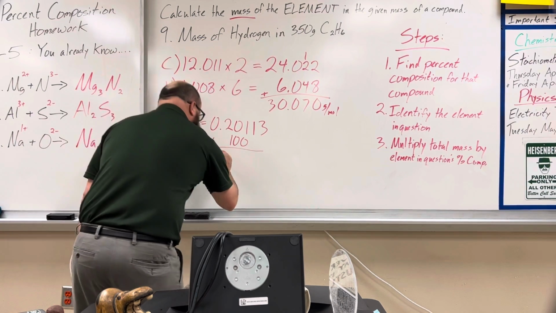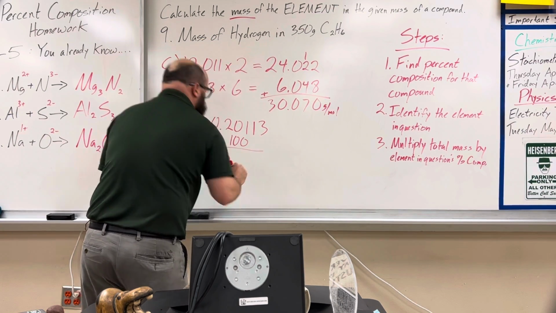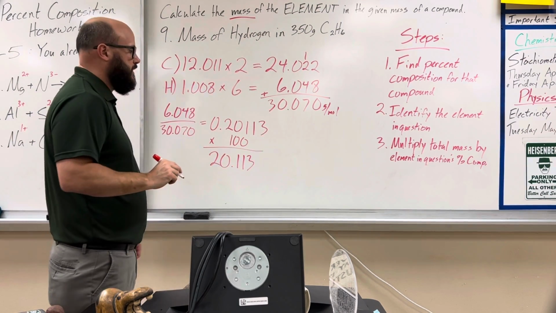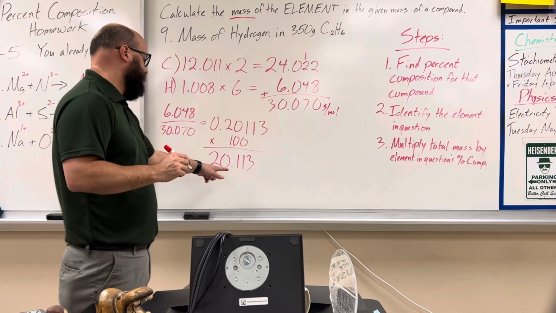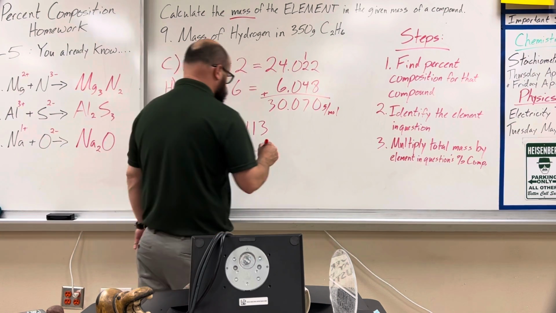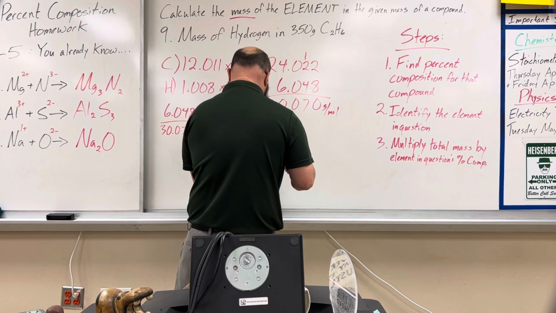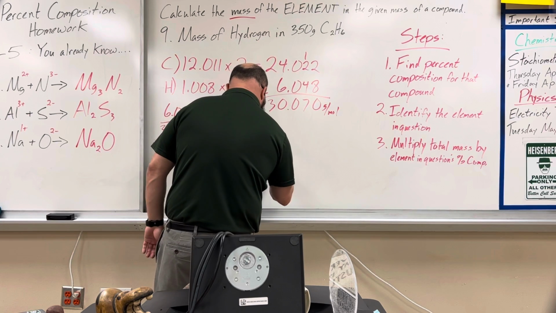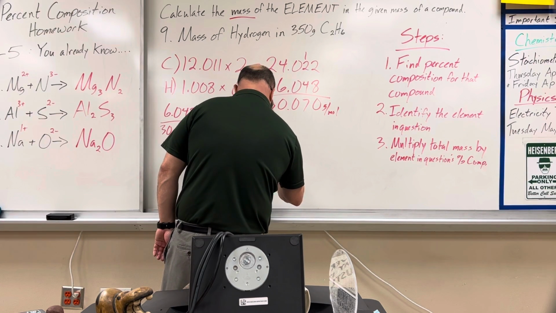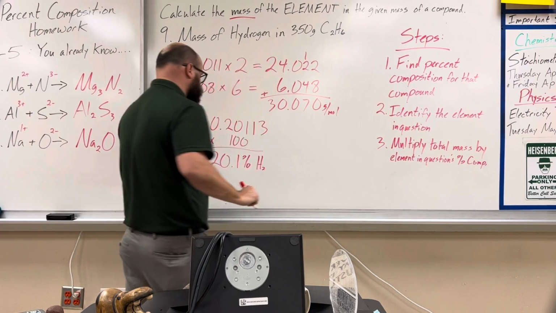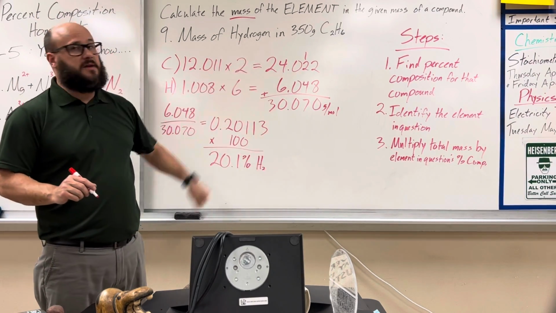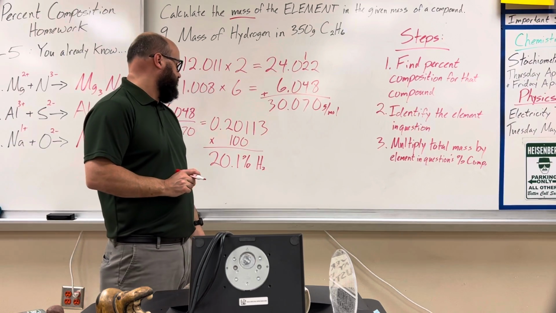And that's going to give us 20.113. Rounded off to 1 decimal place, 20.1%. So 20.1% hydrogen in the compound C2H6.